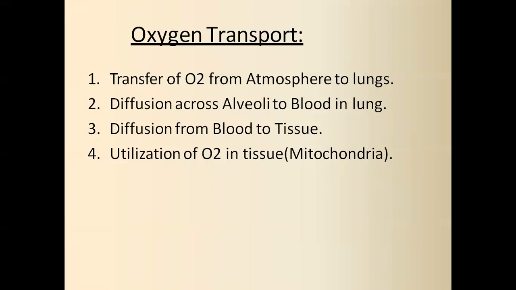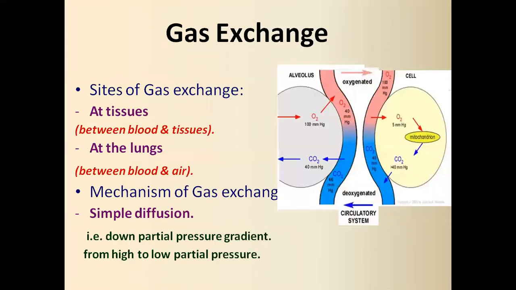But the last part, which is utilization of oxygen in tissue, is the process of oxygen transport within the cell and specifically within the mitochondria. For this reason, this is called internal respiration.